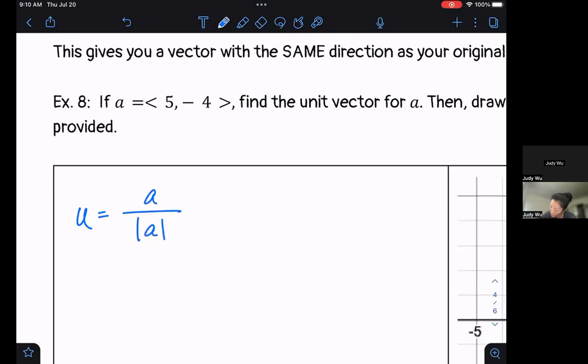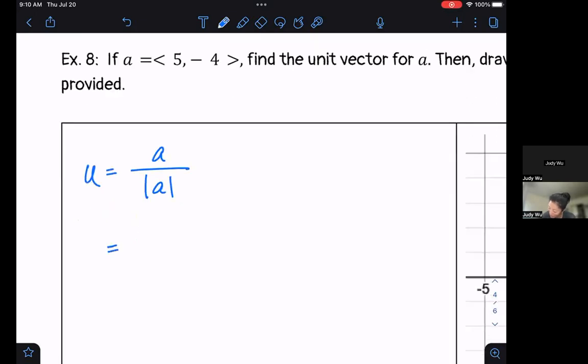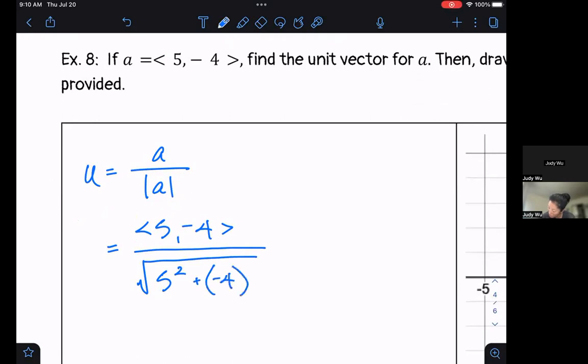So we have lots of space. We've got 5, comma, negative 4. And then our magnitude of A, how do we find that again? Well, we just take the horizontal component, we square it, we add it to the vertical component squared, and we take the square root of the whole thing so that we get effectively the hypotenuse and not just our hypotenuse squared.